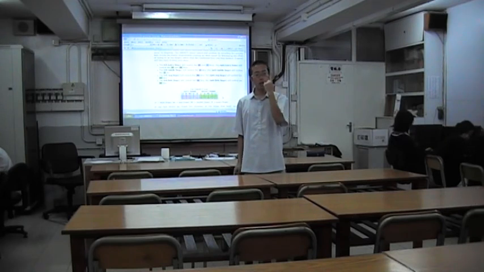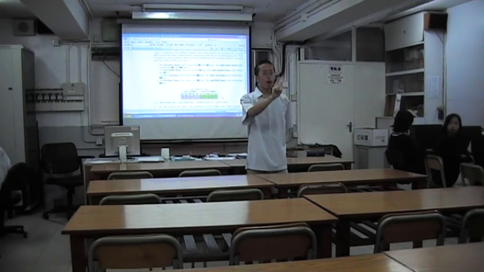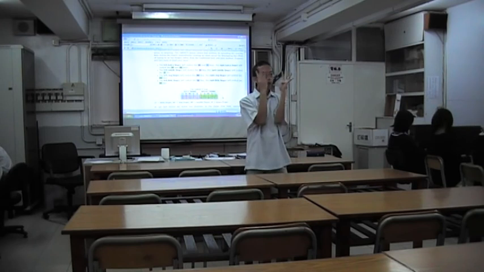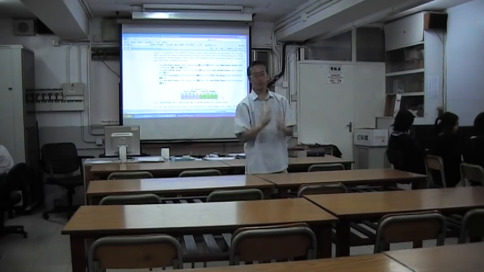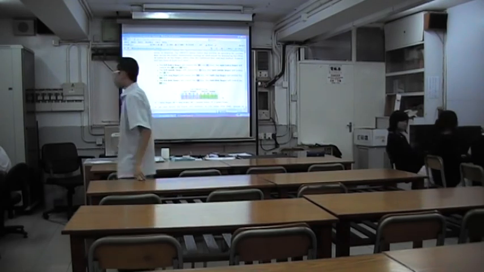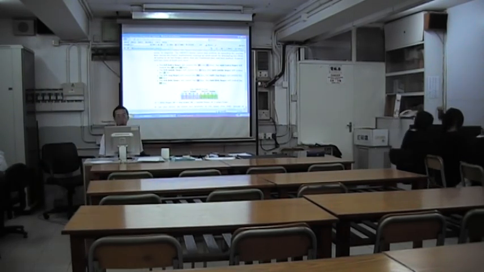How many does this finger hit? 4. How many does the pinky hit? 2. No, whoops. These three hit 2. These hit 4. All right? Let's go to lesson 2. Let's start, and I'll start walking around.